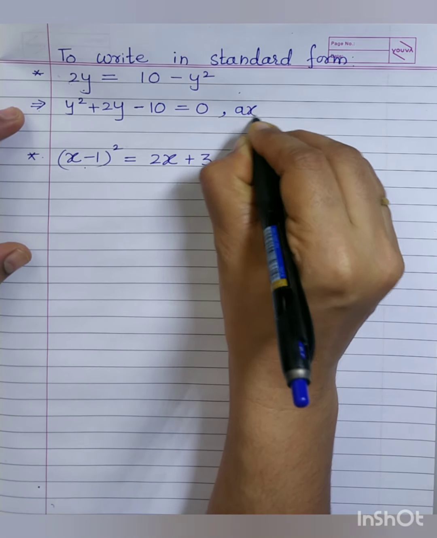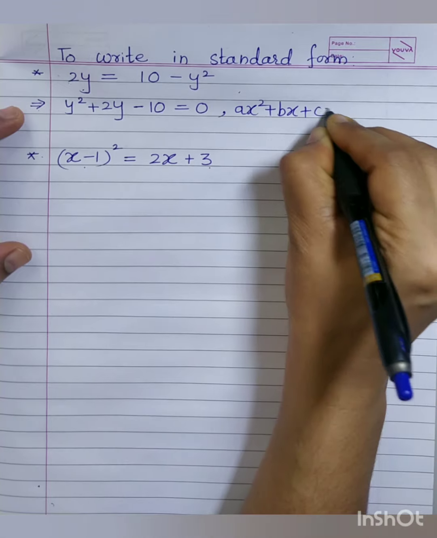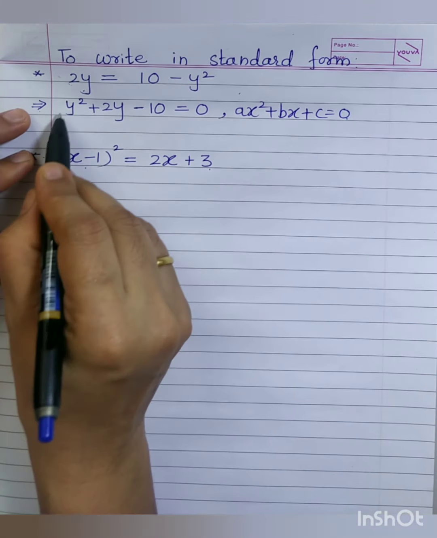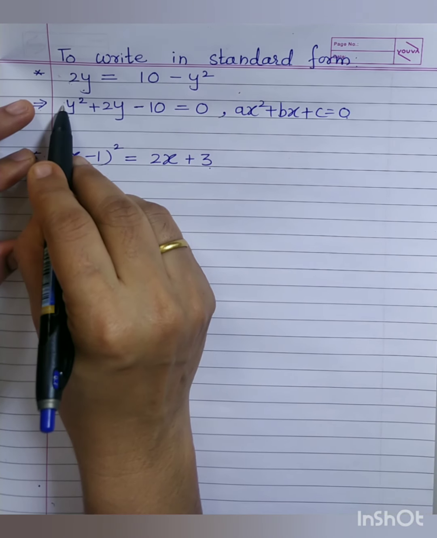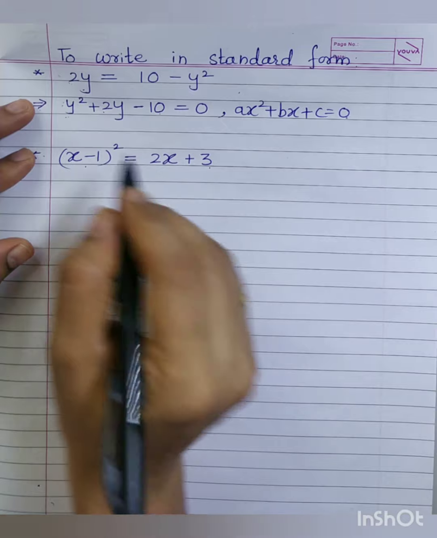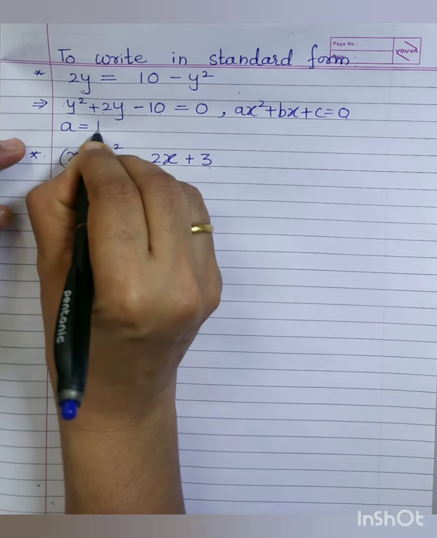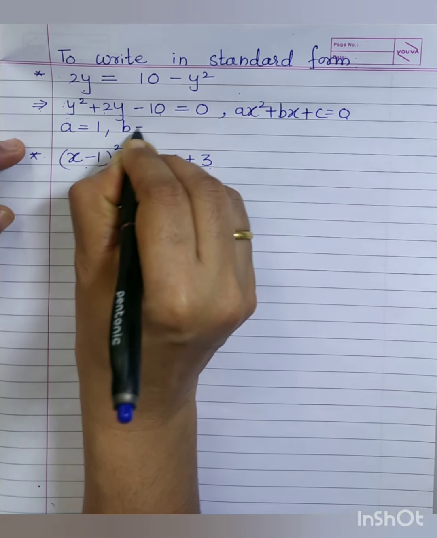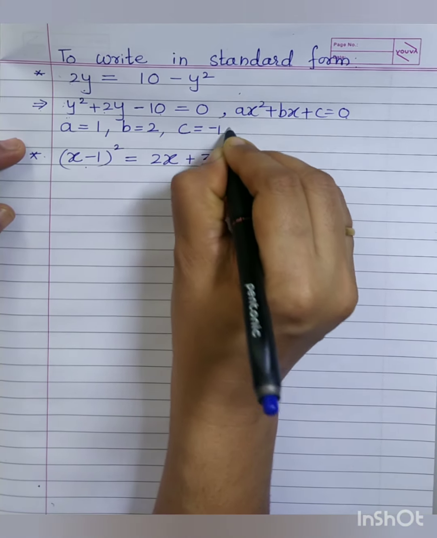So on comparing with ax square plus bx plus c equal to 0, here what is the coefficient of y square? 1, y is 2, and the constant term is minus 10. So what is the value of a? a is 1, b is 2, and c is equal to minus 10.